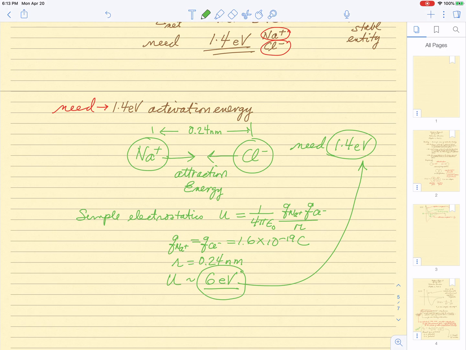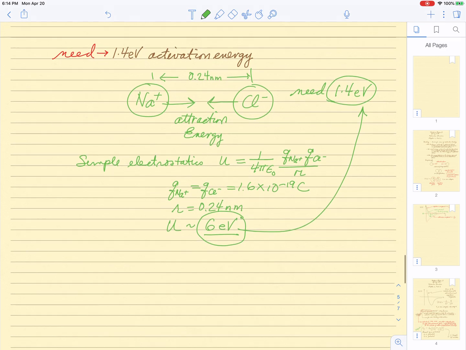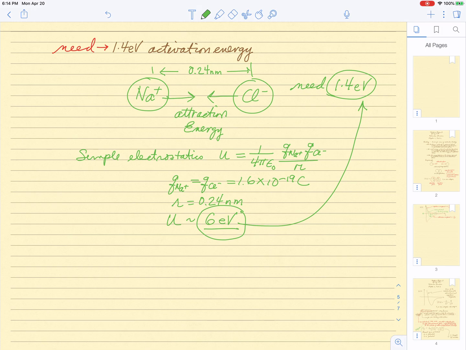So that's the energy you would get to offset the energy needed for generating the sodium plus and chloride minus ions. This electrostatic attraction has enough energy to overcome the activation energy needed, which means that at the end of the day, the net energy is about 4.6 electron volts.